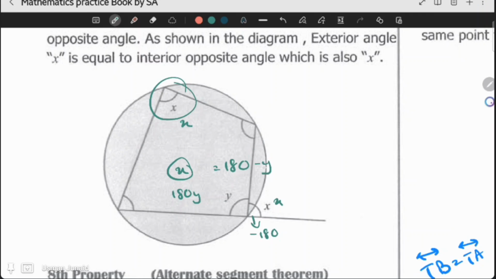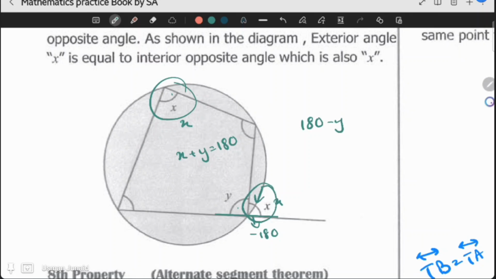No, sir. Can you explain again? Okay, we just learned that opposite angles in a cyclic quadrilateral add up to 180. Okay, sir. Alright? An exterior angle lies on a straight line, right? Yes, sir. So this angle would be 180 minus y.